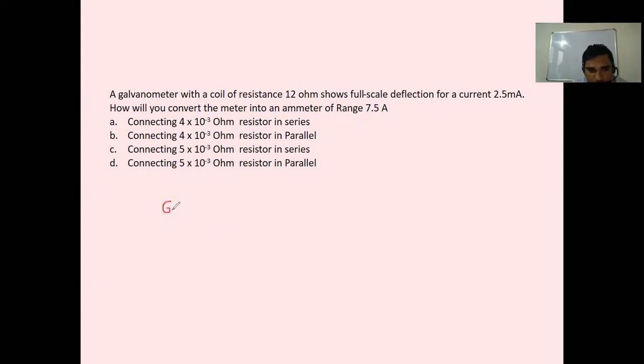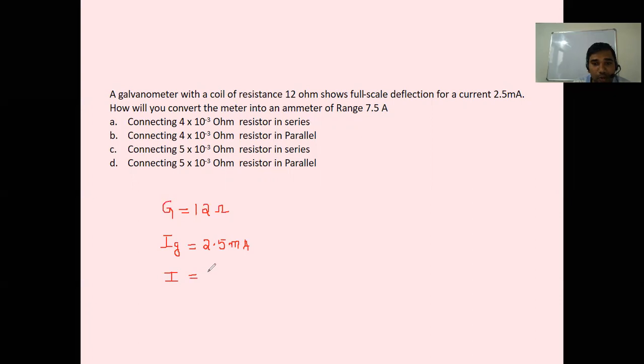G is equal to 12 ohm. And full scale deflection for a current of 2.5 milliampere, so that is the maximum it can measure. Then how will you convert the meter into an ammeter of range 2.5 milliampere to 7.5 ampere?